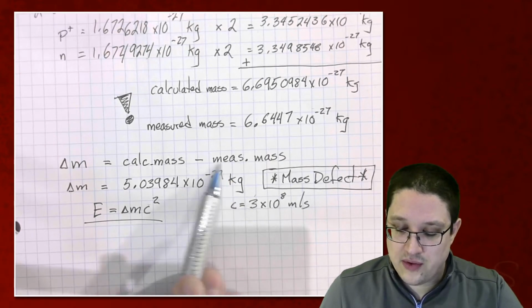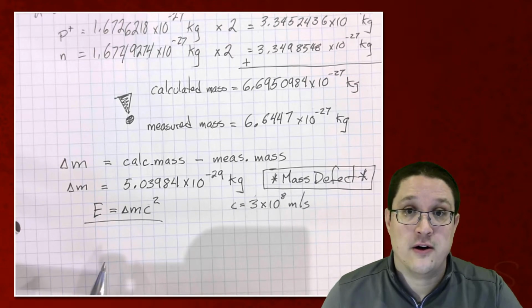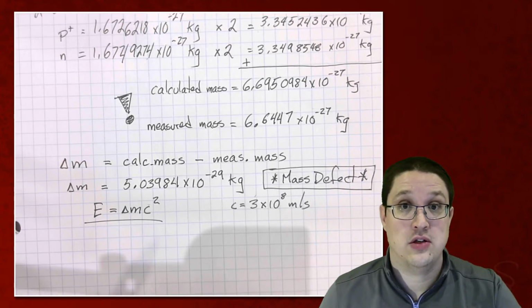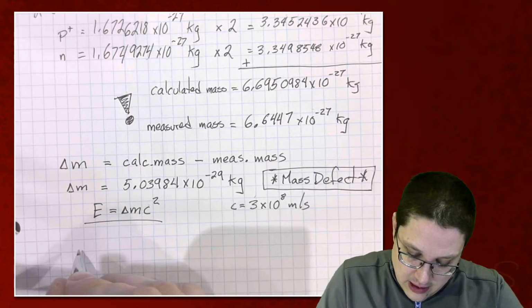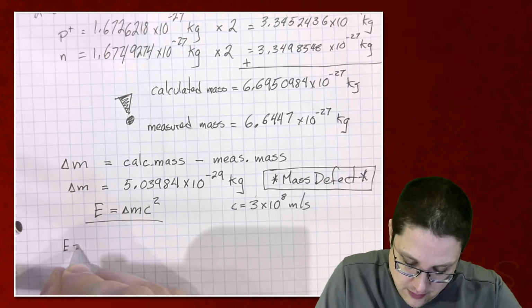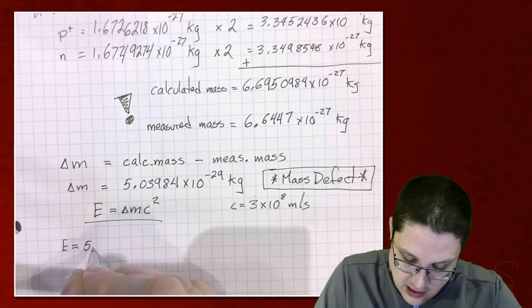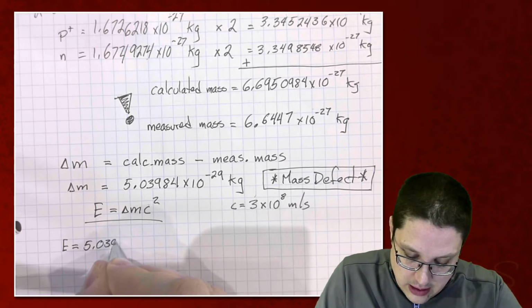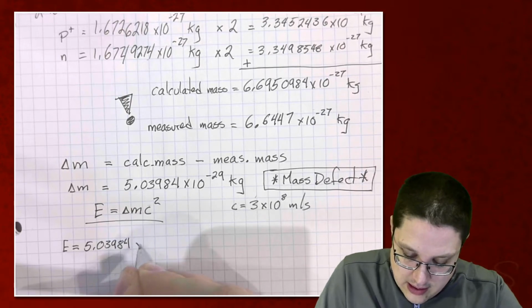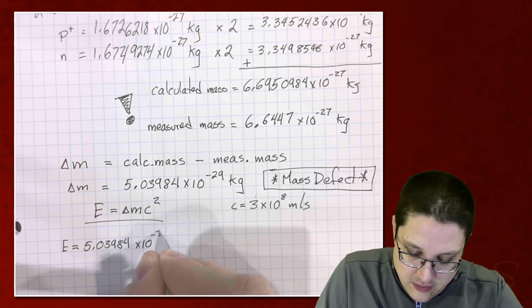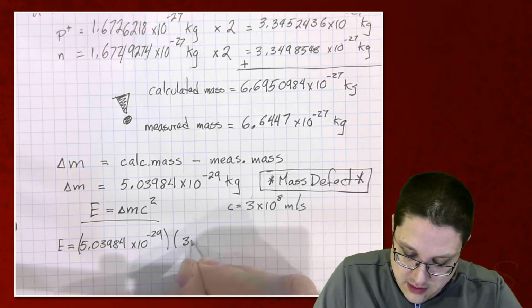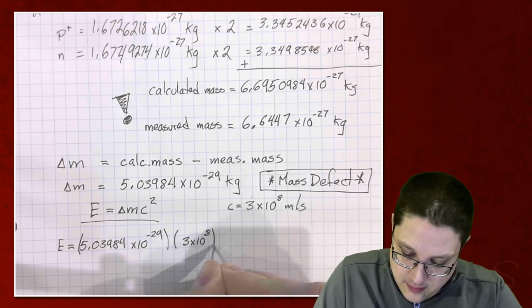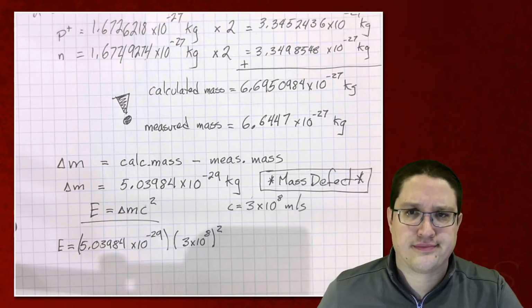However, we're dealing with a very small mass here, but we can convert this into joules. So if I plug this into the formula, my energy is going to be 5.03984 times 10 to the negative 29 times 3 times 10 to the 8th squared.